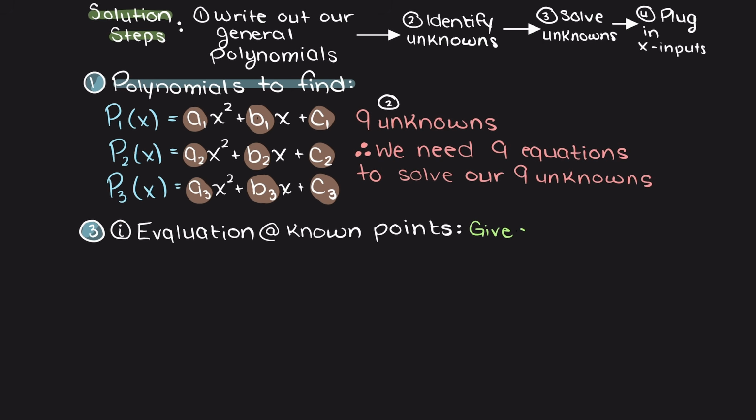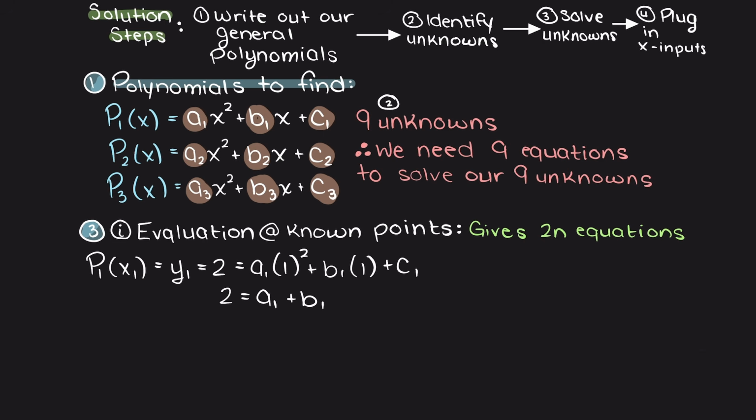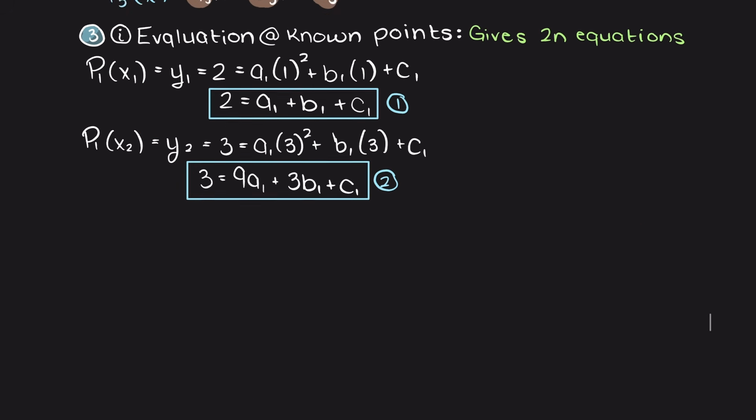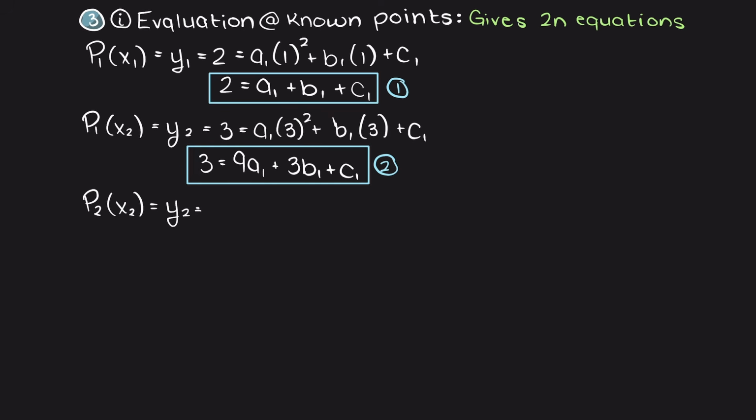As we learned in the last video, we can get 2n equations through evaluating each of our 3 polynomials at our known data points. So let's just go ahead and do that. To elaborate a bit more, we're going to evaluate our first polynomial with its 2 data points, so x1 and x2.